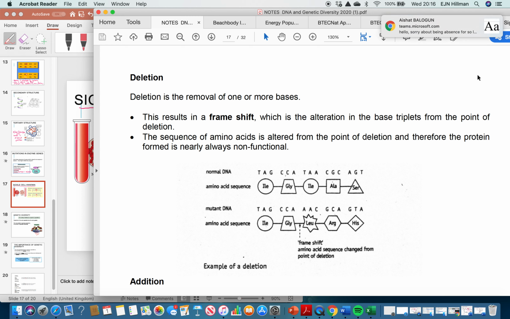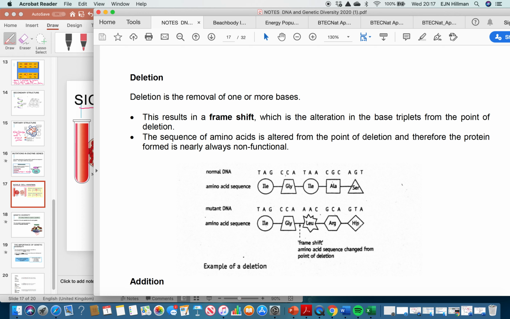So a deletion means one of the bases has been removed, and what we notice is that after that point of deletion, we get this frame shift. So all of the subsequent amino acids after, all of the subsequent triplets after the deletion will be changed. And that means all of the subsequent amino acids that would be coded for after that deletion have also been changed.